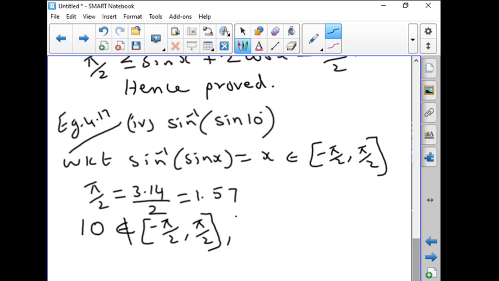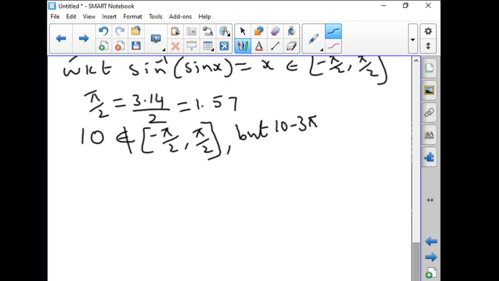But 10 minus 3 pi, give the value for pi, 3.14, and check it, you will get it. This 10 minus 3 pi belongs to minus pi by 2 comma pi by 2. Even 10 minus 2 pi does not belong to that interval, only 10 minus 3 pi belongs to that.